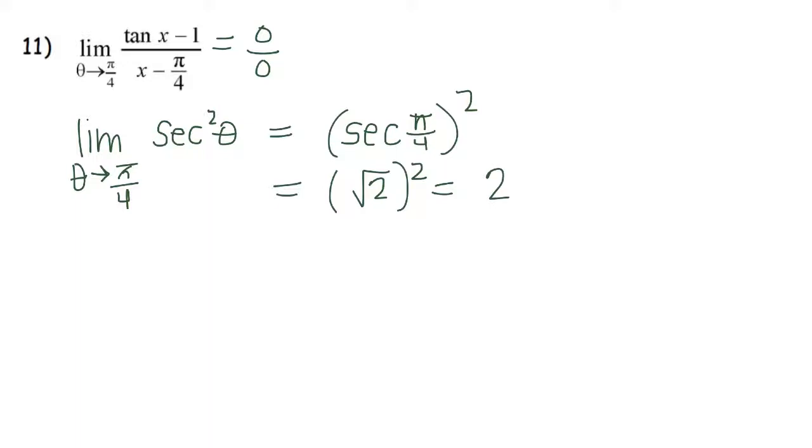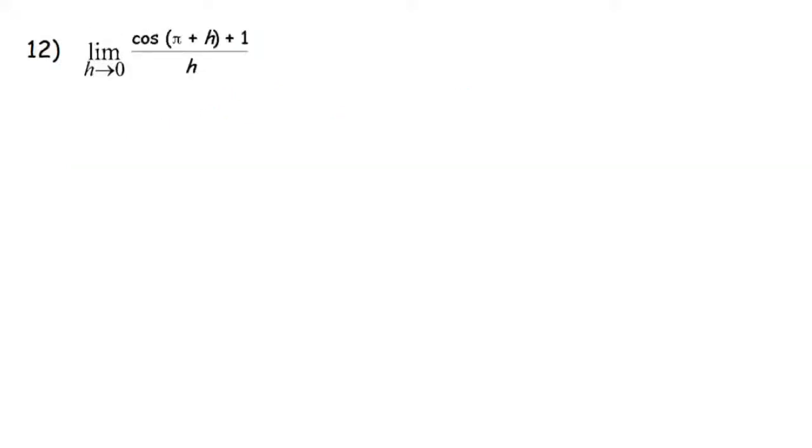Okay, now let's look at some that's like, okay, now wait a minute here. Cosine of pi plus h. Well, we're still right back to that same idea here. h is approaching 0, and if I plug this in, I get 0 over 0, so we can do L'Hopital's rule here. And we know the derivative of cosine is negative sine of the angle.